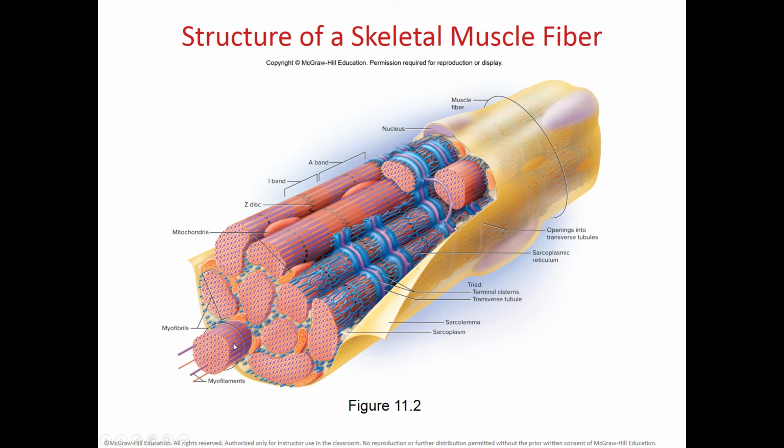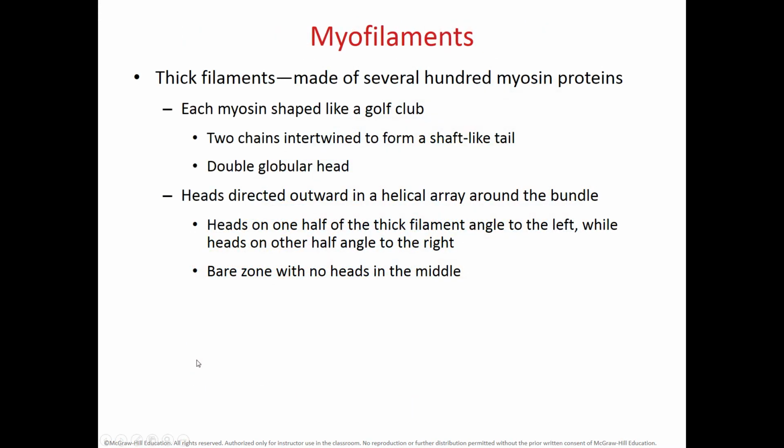And then these myofibrils are made out of these myofilaments, which are proteins. So myofilaments are made out of myosin protein, which makes the thick filaments, and then actin protein, which makes the thin filaments.